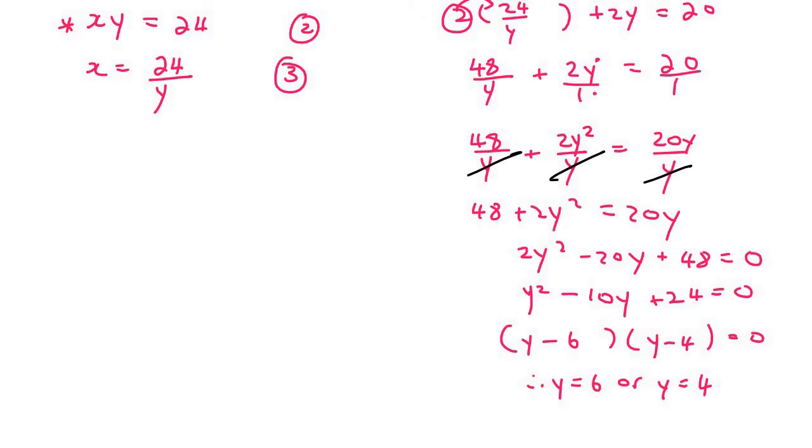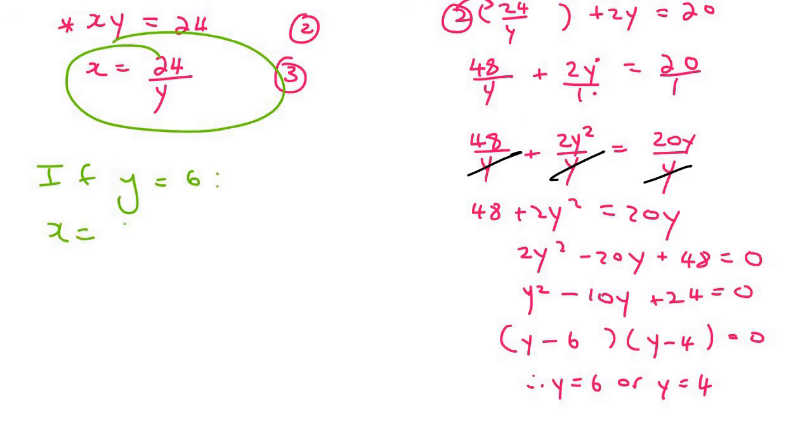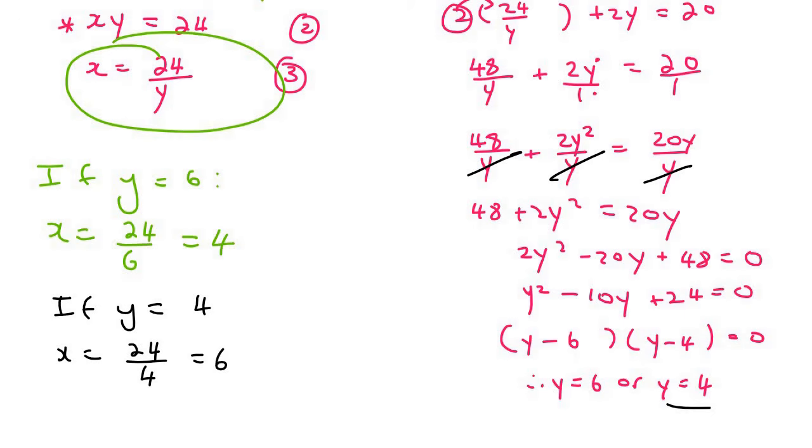Now that we have our y values, we can now go get our x values. So what we then do is we use number 3 again. If y is equal to 6, then x would be equal to 24 over 6, which would be equal to 4. And then in a different color, if y was 4, then x would be equal to 24 over 4, which would be 6.